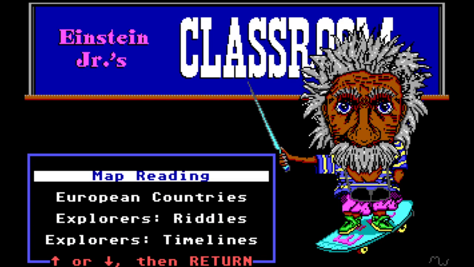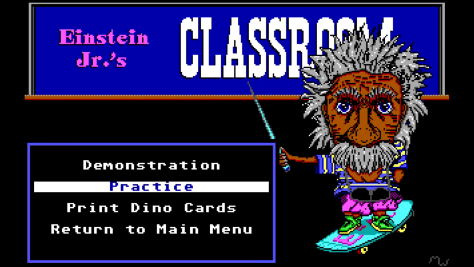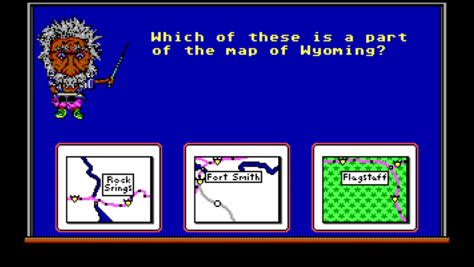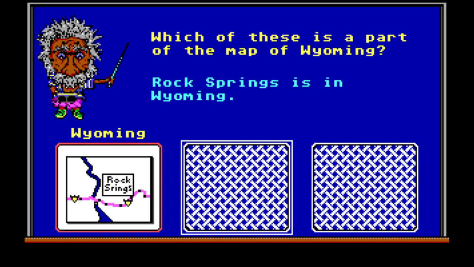Map reading. Alright, let's see what I remember about geography. Wyoming. Yeah, cities are another weakness of mine. I'm gonna say Fort Smith. Rock Springs.